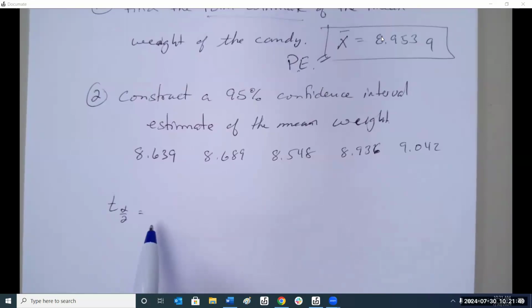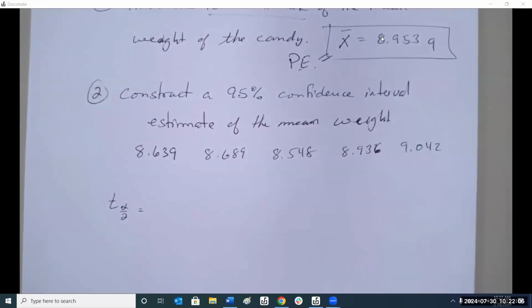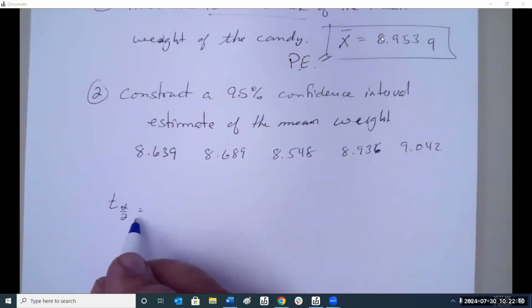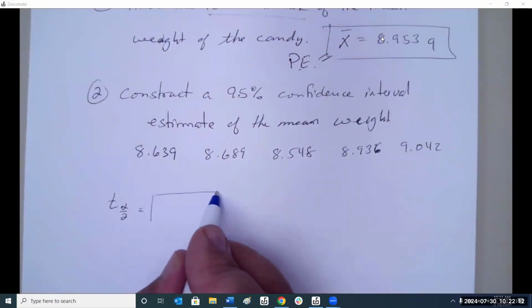So what's our formula for this? What do we need? How do we find it? This is the value from the table.